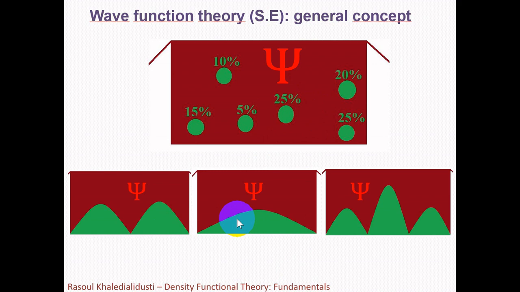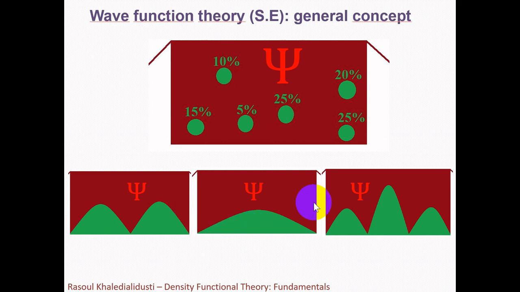Technically it's the probability density, but you can pretty much just think of this as the probability of finding the electron at a given point. So different kinds of waves can represent different probabilities of where the electrons are most likely in our system. That's why the name is wave function.